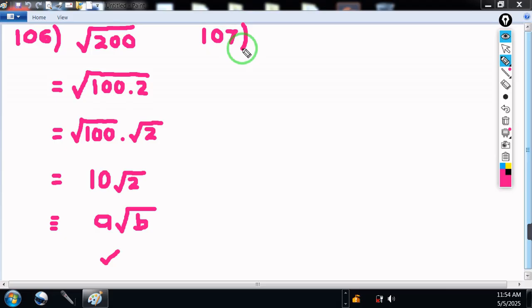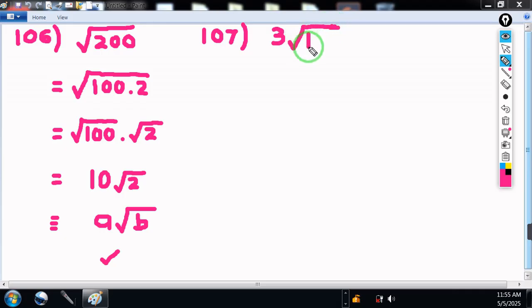107. Third root of 108. Aha. What is 108? I don't know. When I say third root of 108, am I 100% right or wrong? Wrong.